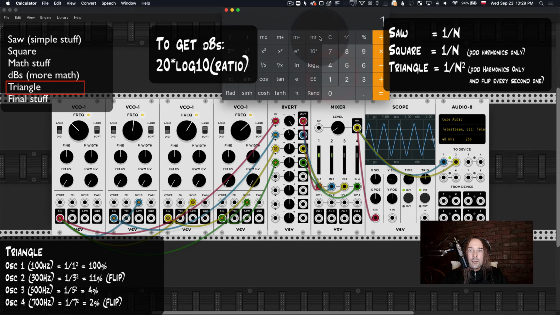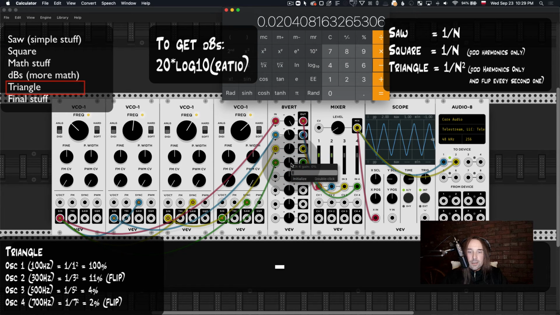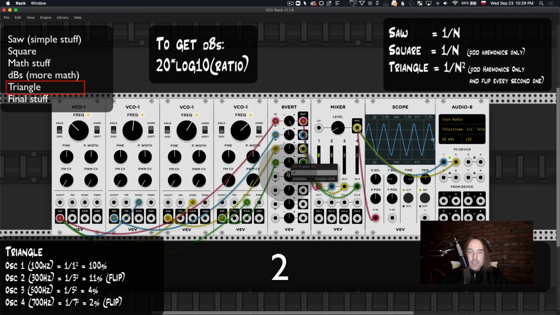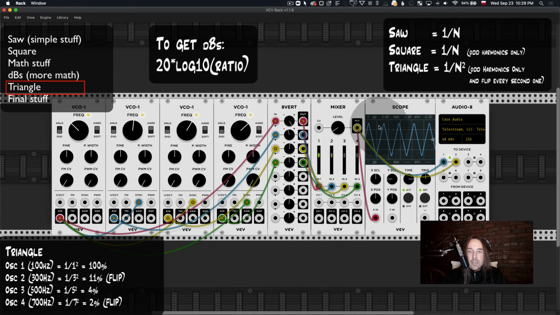So 1 divided by 49, and you have 2% more or less. And again, this 2% goes into negative again, -2. You see? And as we keep doing that, notice that this waveform is getting sharper and sharper.